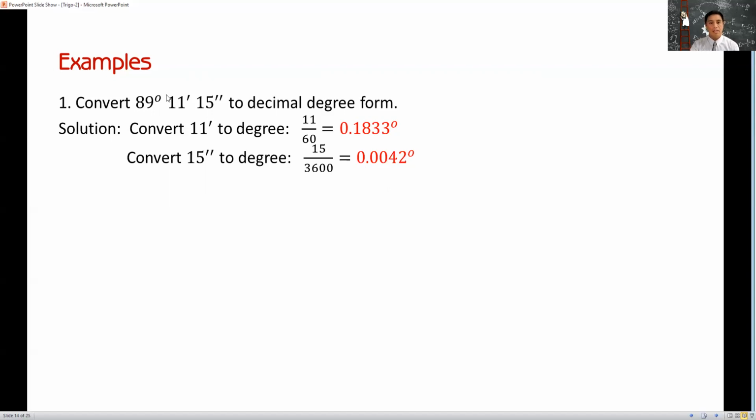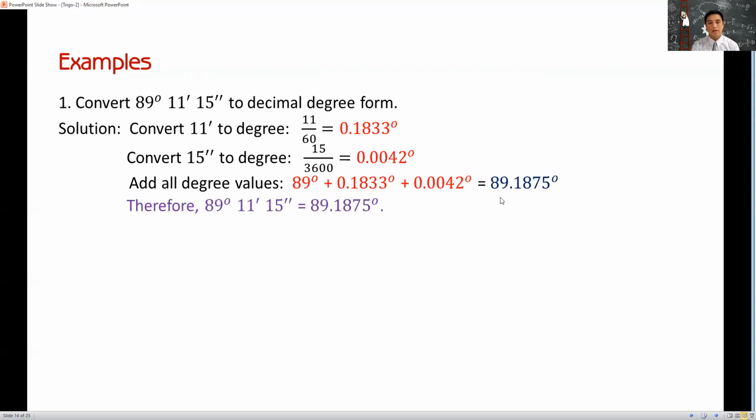We have 89 degrees plus 0.1833 degrees plus 0.0042 degrees. So the answer is 89.1875 degrees. So the original value, 89 degrees, 11 minutes, 15 seconds, is equal to 89.1875 degrees.